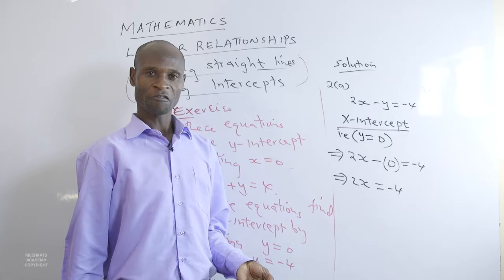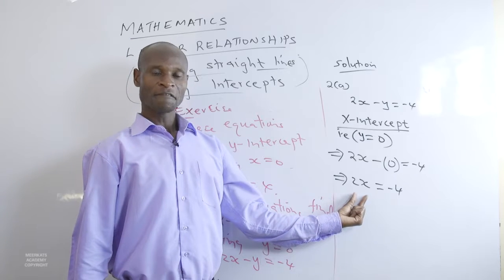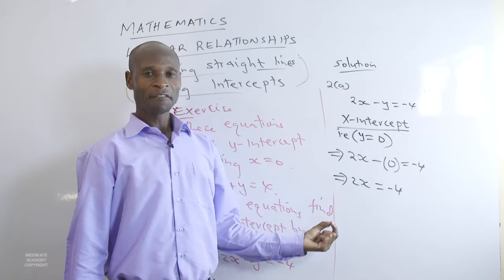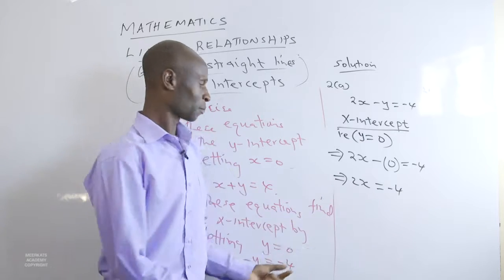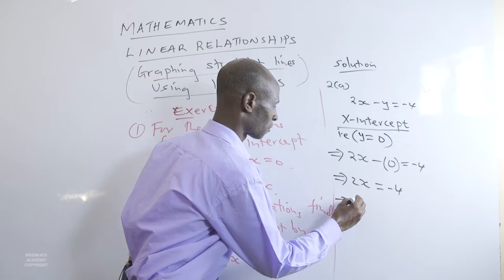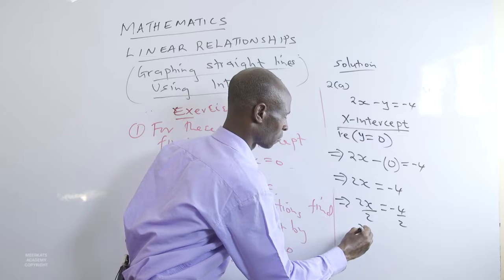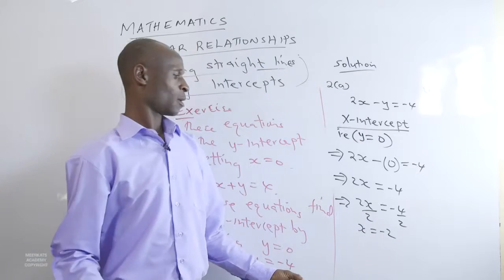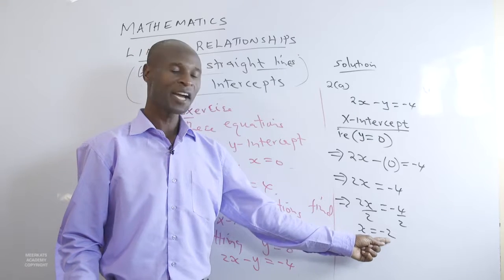What will be the value of x? To find the value of x, we divide both sides by 2. This implies that the value of x is equal to negative 2.